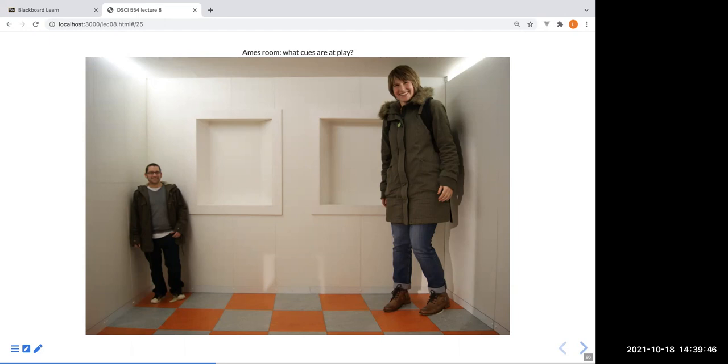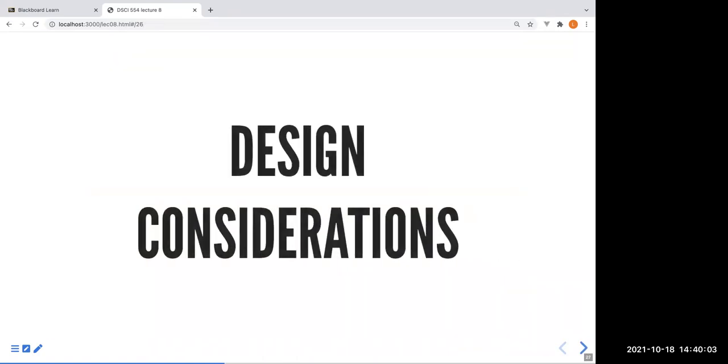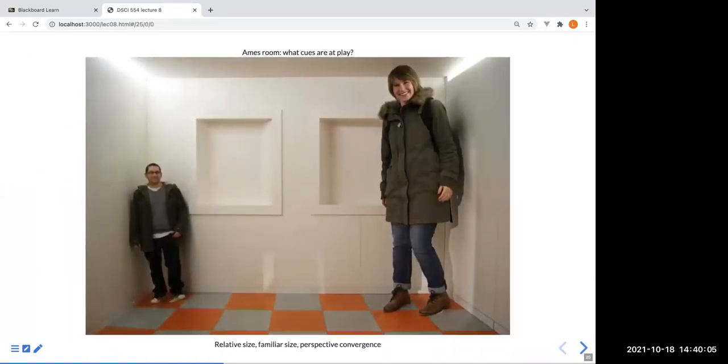But the lines here that you interpret as converging are not actually using that geometry, and they're distorted. I didn't put a picture, but the geometry of the room is basically this way.